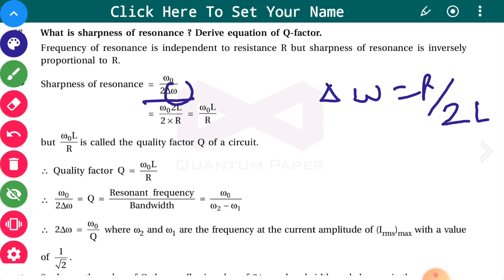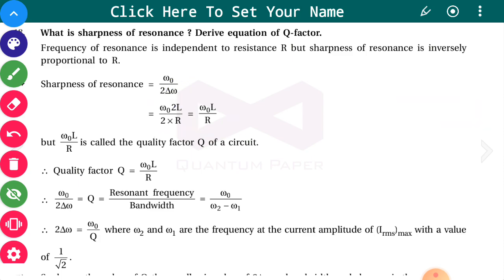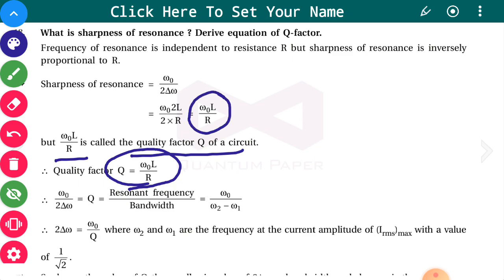Now if you substitute instead of this delta omega r upon 2L, then you will get omega 0 L upon r. Omega 0 L upon r is called the quality factor, which is defined as omega 0 L upon r.